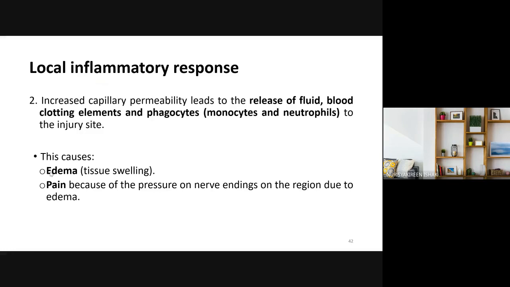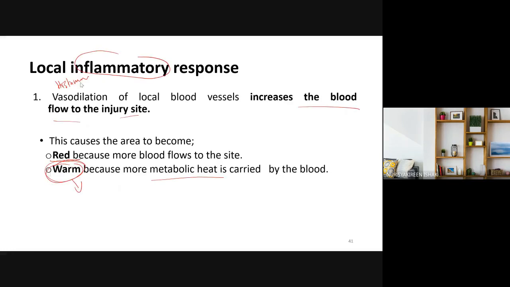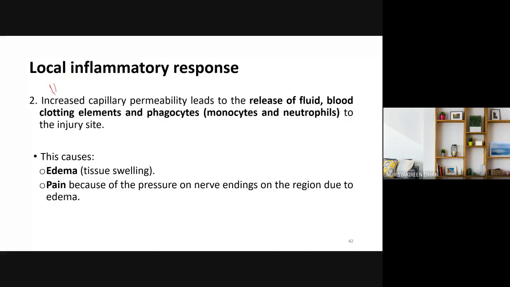Okay, so local inflammatory response, tadi yang first effect of histamine kan, vasodilation. Second effect of histamine, it increases capillary permeability that leads to the release of fluid, blood clotting elements and phagocytes such as monocyte and also neutrophil to the injured site.